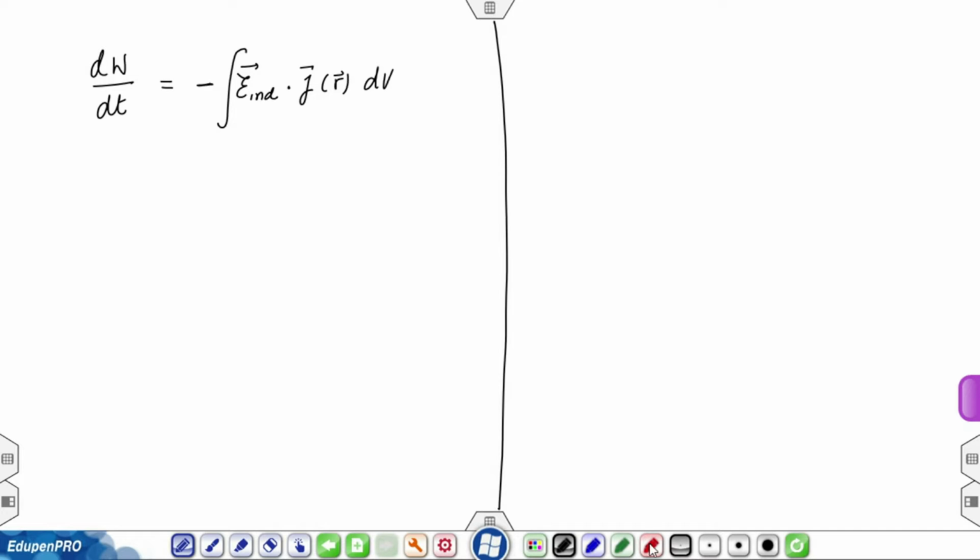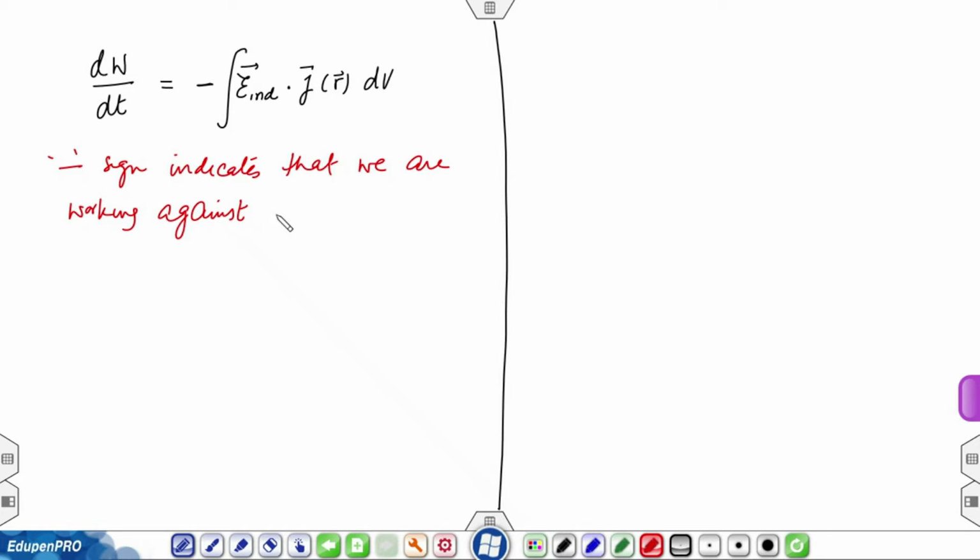The minus sign is there, indicates that we are working against the induced electric field, right.